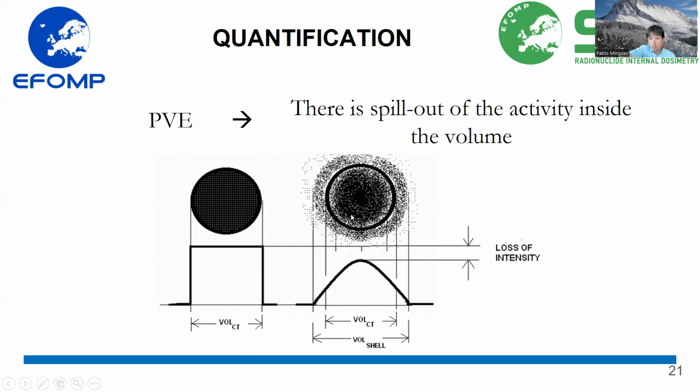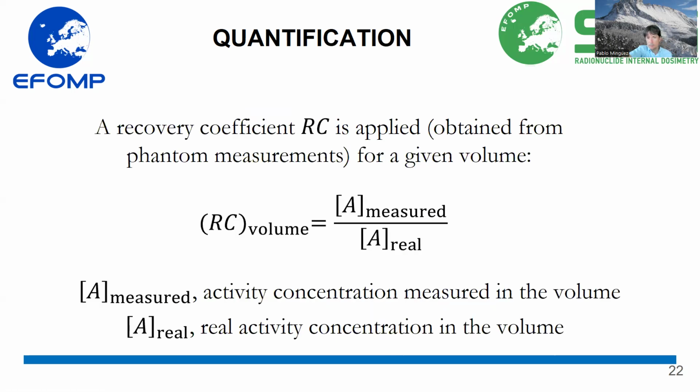So to correct for this partial volume effect, what we do is to obtain, with another phantom that we will see now, recovery coefficients, which can be defined as the activity concentration measured in the volume divided by the real activity concentration in the volume. We can use just activities instead of activity concentrations.